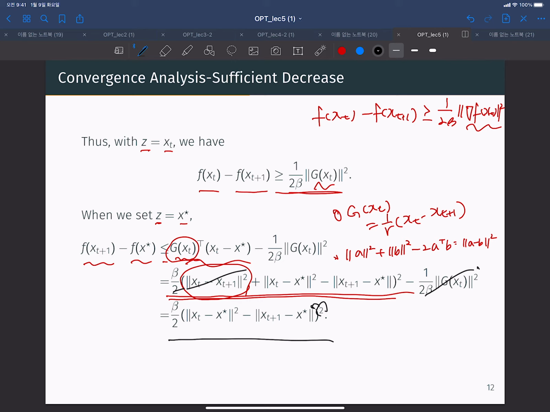From the sufficient decrease property, we know that f(x_{t+1}) is always less than or equal to f(x_t).